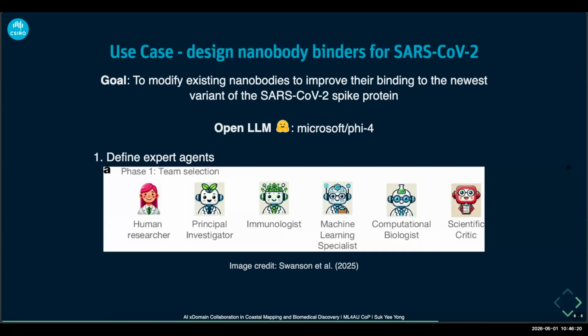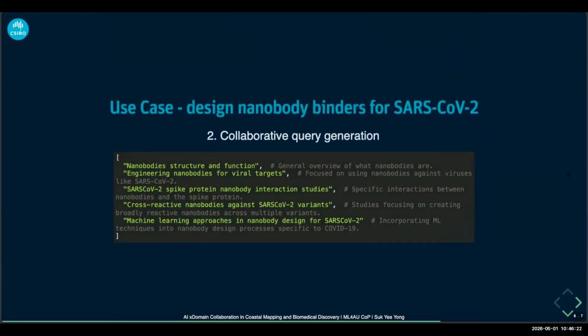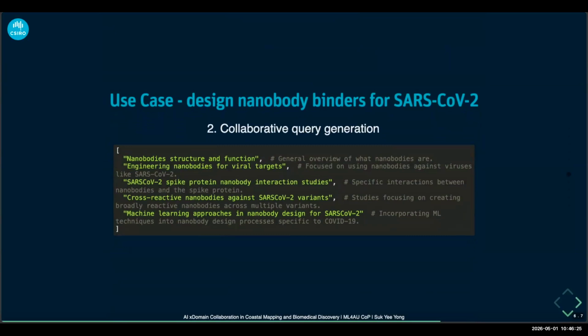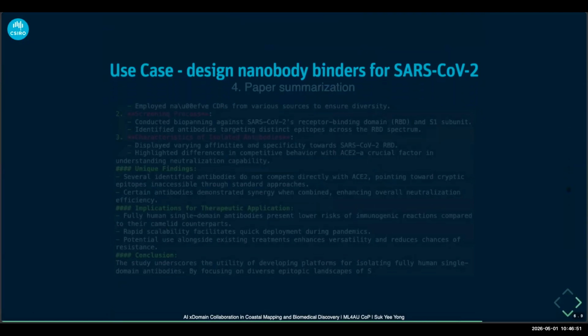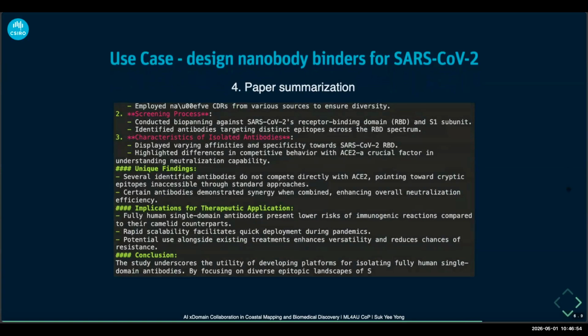For example, in this case, if I don't like this query generator, you could just create the query by yourself and inject it into this automated literature review search. Or if you already have a list of literature that you're familiar with, and you think those are more reliable than this output, you could also inject this and move on to the next step for paper summarization. Yeah.